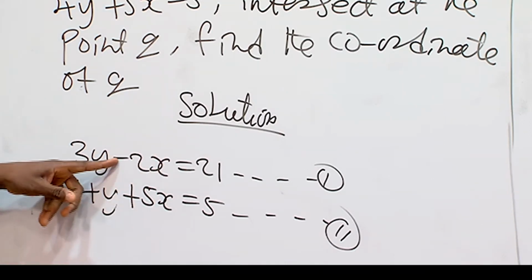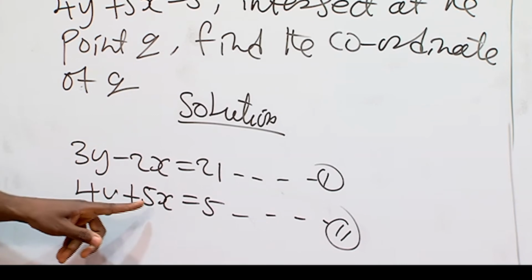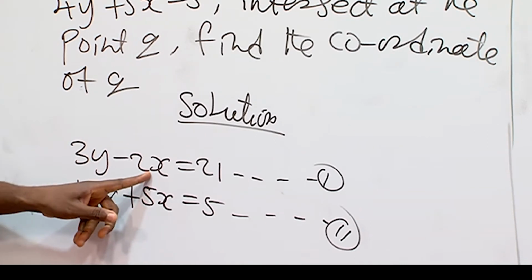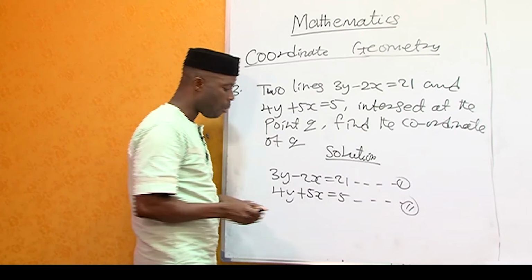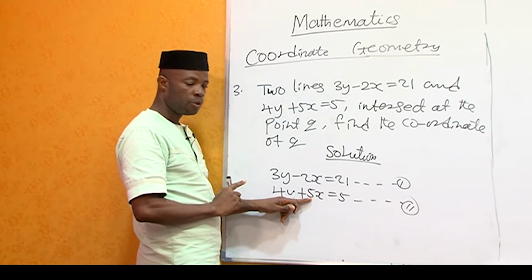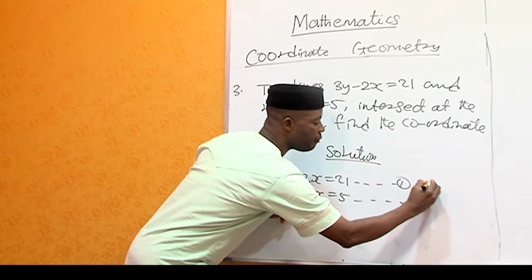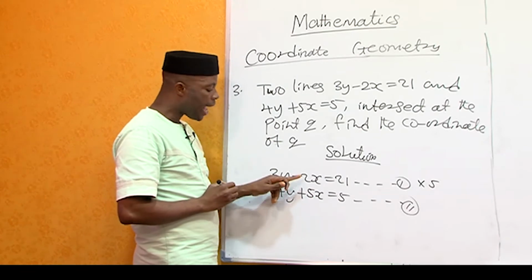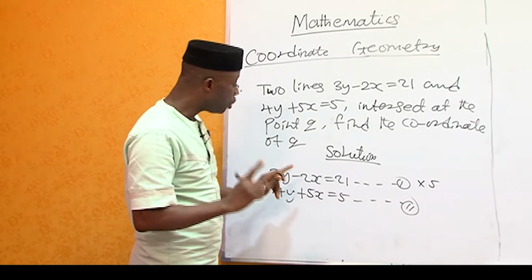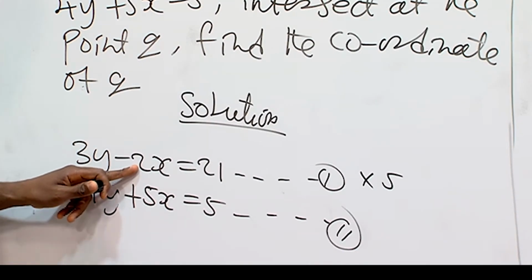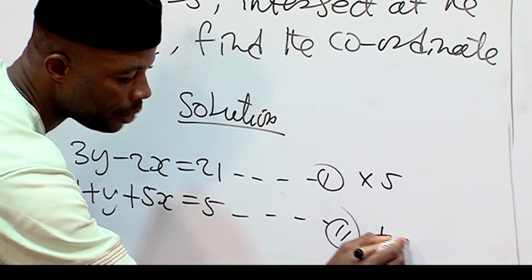You can see you have minus 2 and plus 5. So we have to make them equal. How do you make them equal? I want to use 5 to multiply equation 1, then use 2, not minus 2, the figure 2, to multiply equation 2.